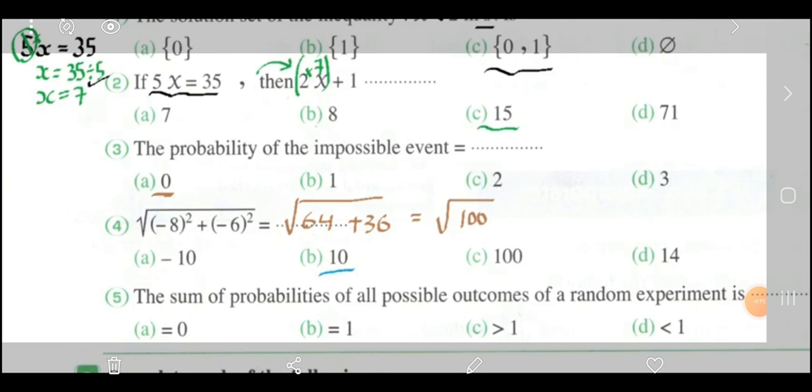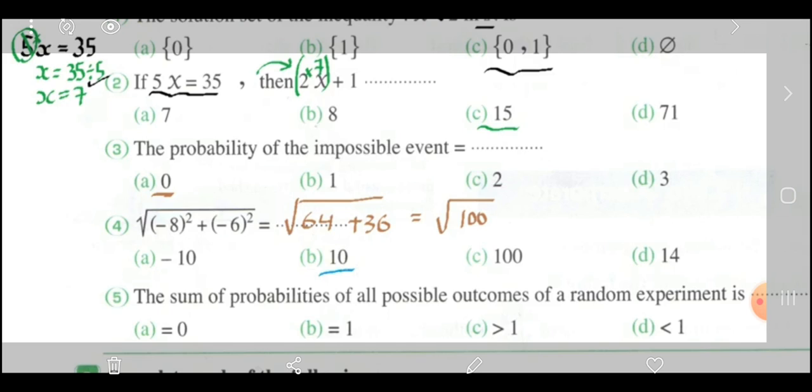Another example, the square root of negative 8 squared plus negative 6 squared, also under the square root. Then we have to simplify first before finding the root.